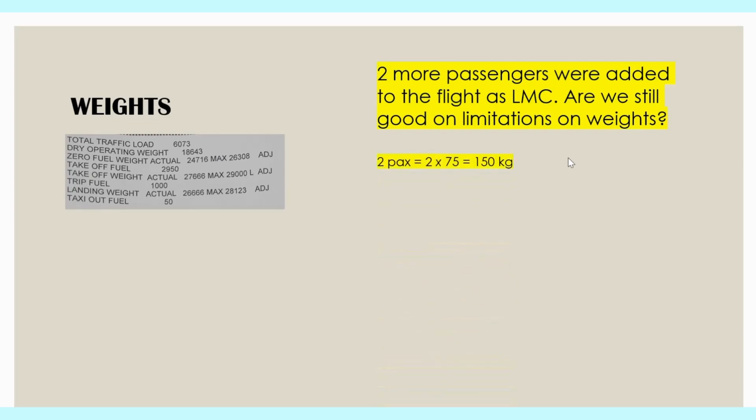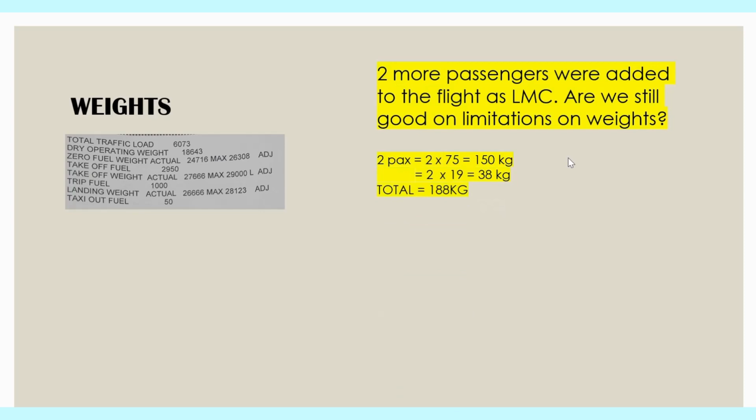Basically, if it's two passengers and we worked out the mass per passenger was 75 kilograms, then two will be 150 kilograms. We also worked out that the baggage in the holds is 19 kilograms per passenger. So for two of them it will be 38 kilograms, meaning that in total you added 188 kilograms.